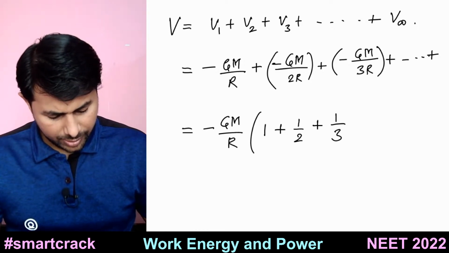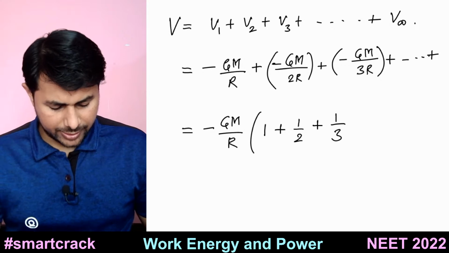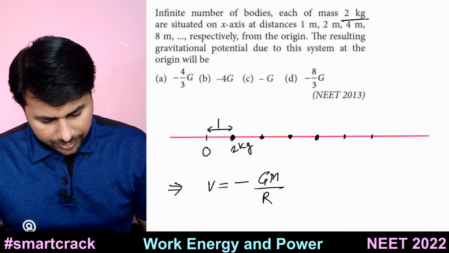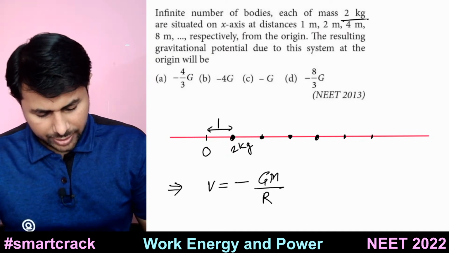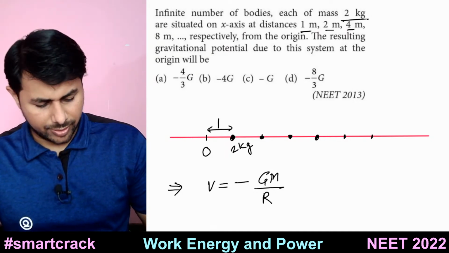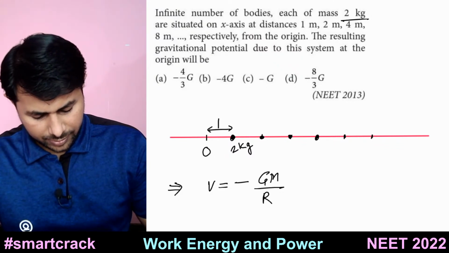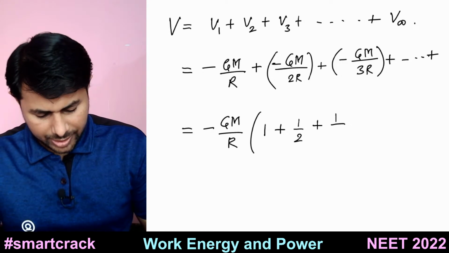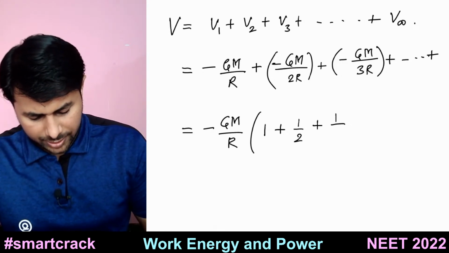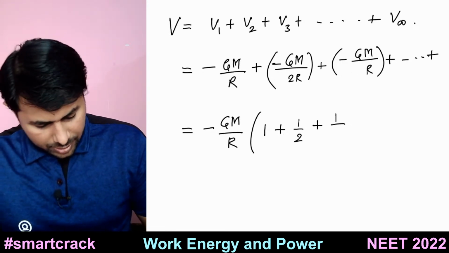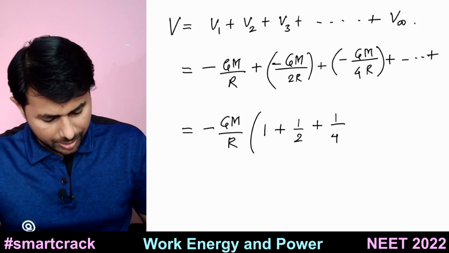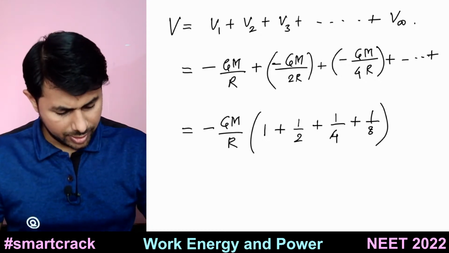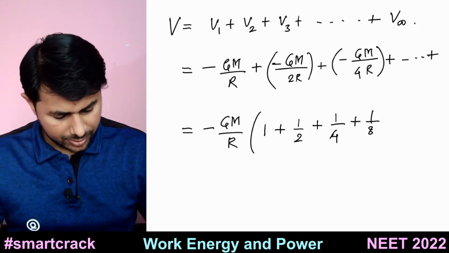Okay, and yes, so after that, oh no, it is 1 meter, 2 meter, 4 meter, 8 meter, so not 3 meters. So here it will be 1 by 4, the next term will be 1 by 8, and so forth, up to infinity.